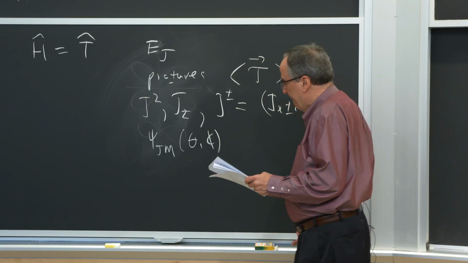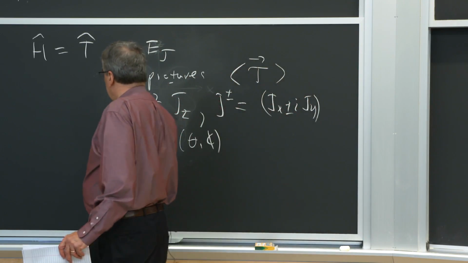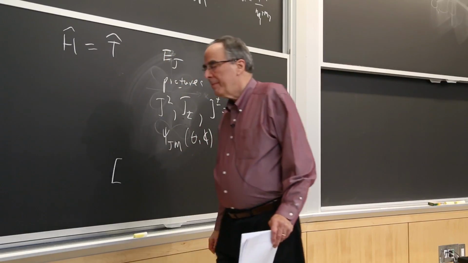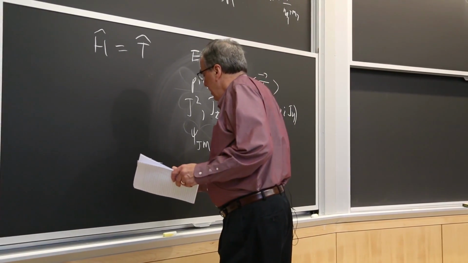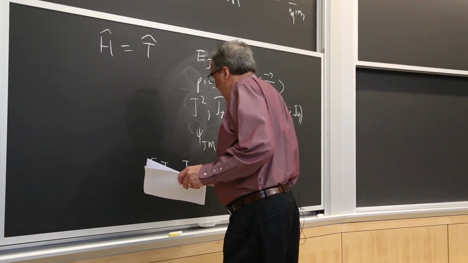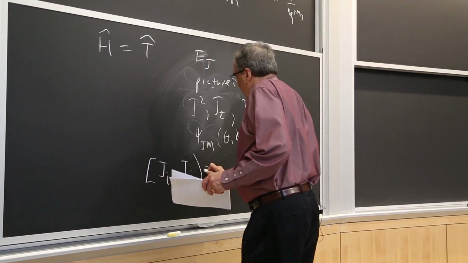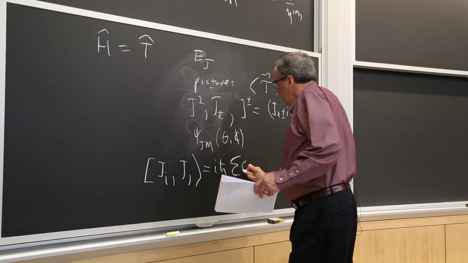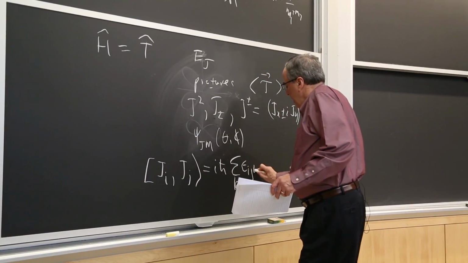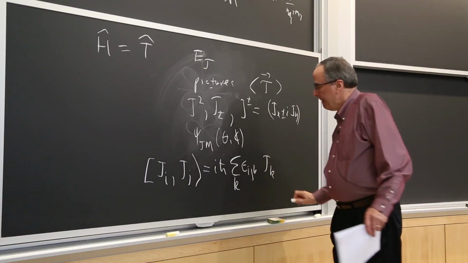Okay. In my next lecture on angular momentum, I'm going to introduce a commutation rule, [J_i, J_j] equals i h-bar sum over k epsilon_ijk J_k.